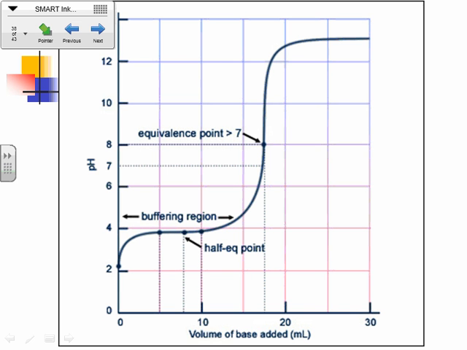Now, how do I know that I'm adding base as we go along here? The only way that we could make the pH get higher is to add a base to that solution, because that's going to make the pH go up. So we've got an acid here. We're adding a base to it. What happens is as you add the base, the pH starts to go up for a little while.